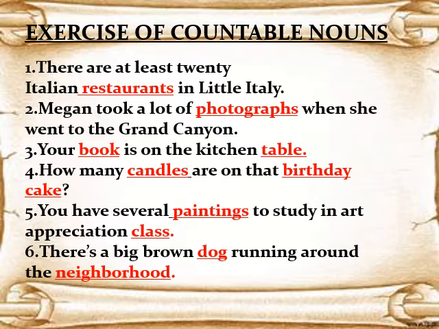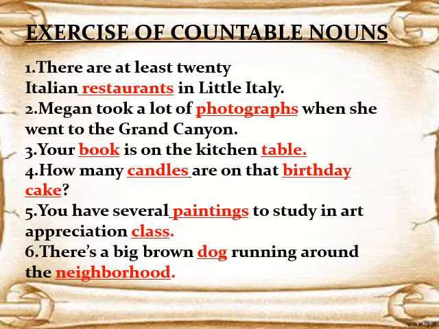You have several paintings to study in art appreciation class. Paintings. How many paintings have you done? So paintings can be counted. Class can be counted. So it is a countable noun.